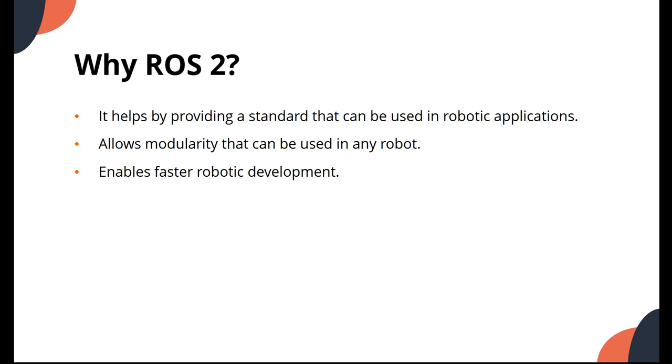So ROS2 is going to help you by providing a standard that's going to be used in these robotic applications. Now, this is important because that's going to allow different teams to possibly work on the same robotic application and understand what's going on with less complexity than it would take if everybody was using different standards, working on the application in different ways.